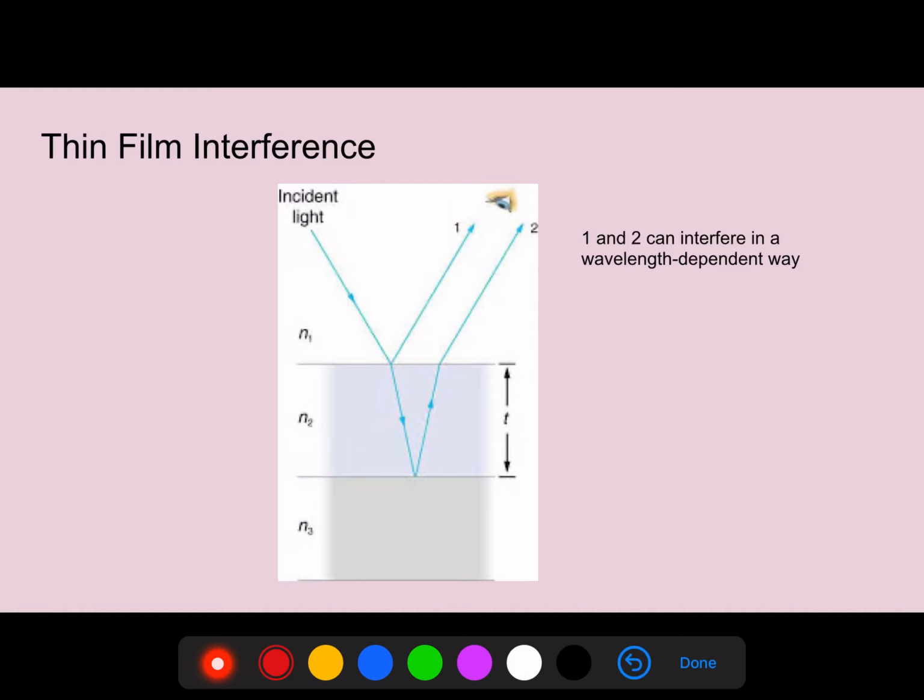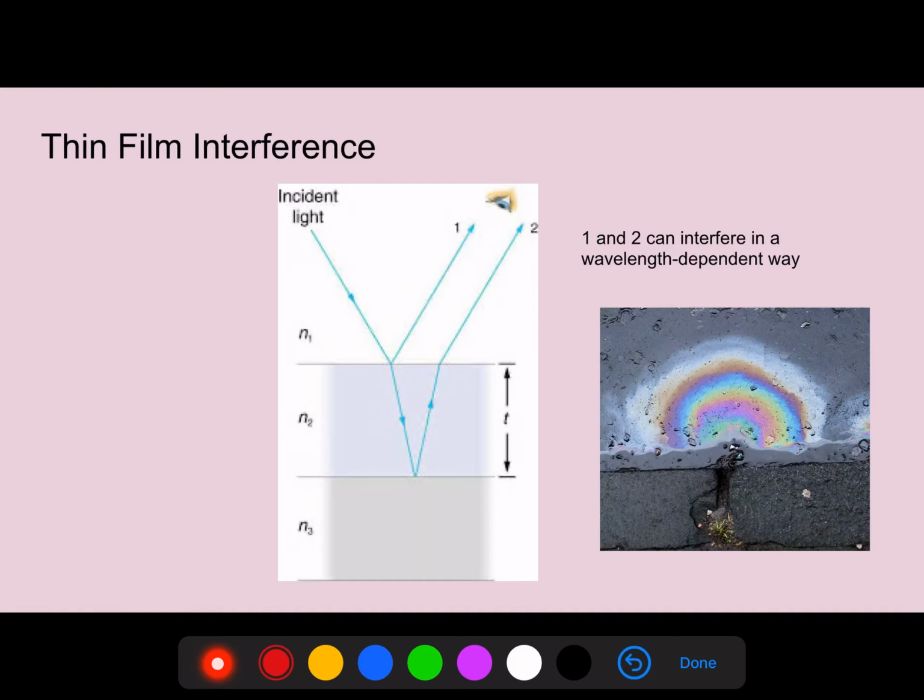In thin film interference, your incident light may not consist of one singular frequency, but if it is refracted through a thin layer and then reflected back up at you, there can be interference patterns that are wavelength dependent, so that you still see these bright and dark fringes, but you see the bright fringe for green, for example, in a different place than where you see red or yellow and so on.